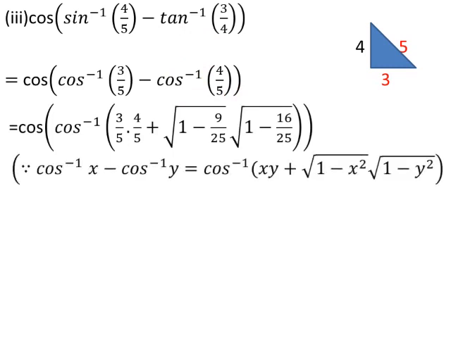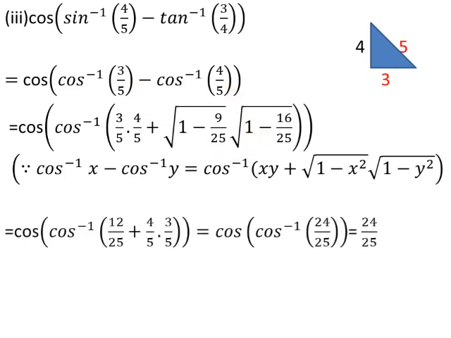It is equal to, here I am applying the formula, cos inverse x minus cos inverse y is equal to cos inverse of xy plus root of 1 minus x square into root of 1 minus y square. So cos of cos inverse of our x value is 3 by 5 into y value is 4 by 5, plus root of 1 minus x square. So 3 by 5 the whole square, into root of 1 minus y square, 4 by 5 the whole square.